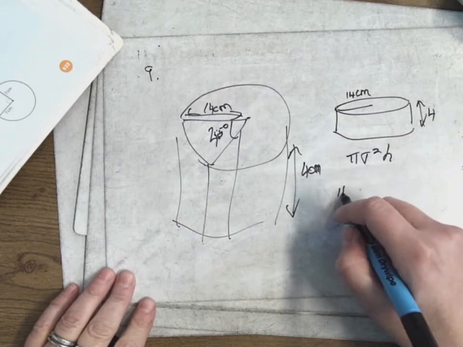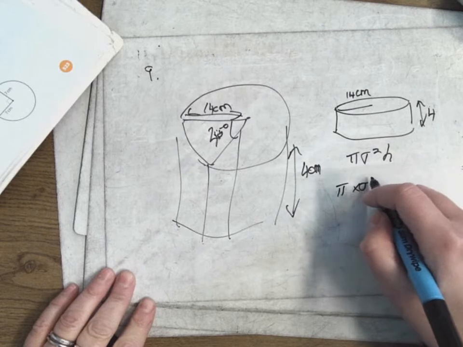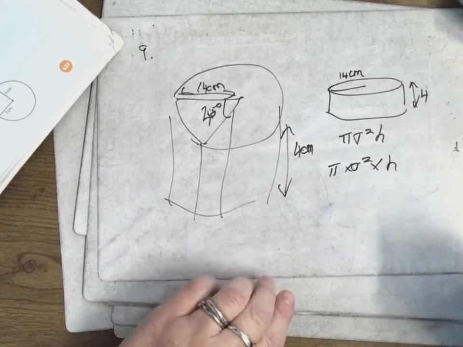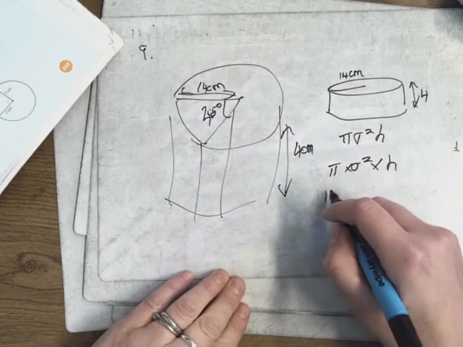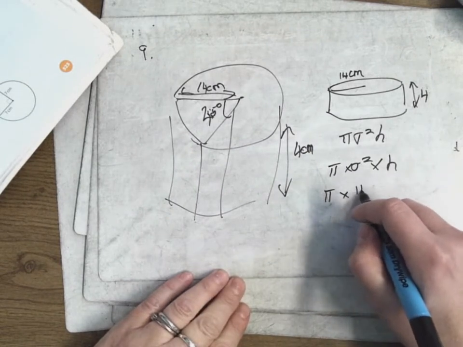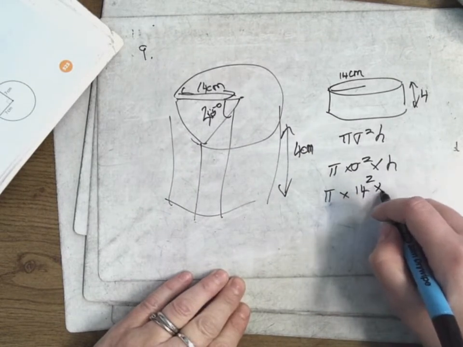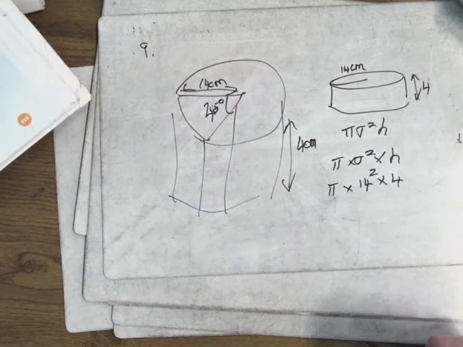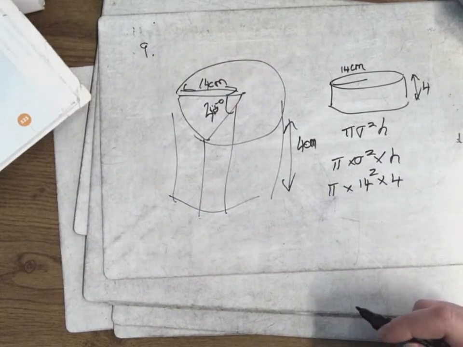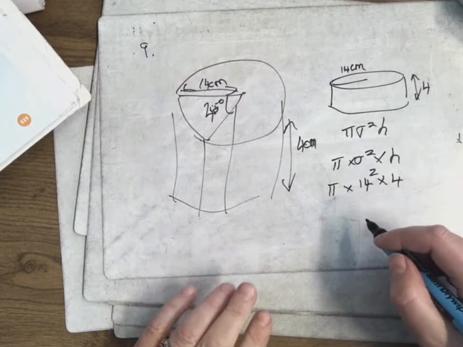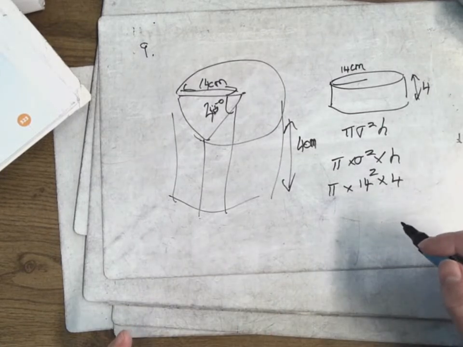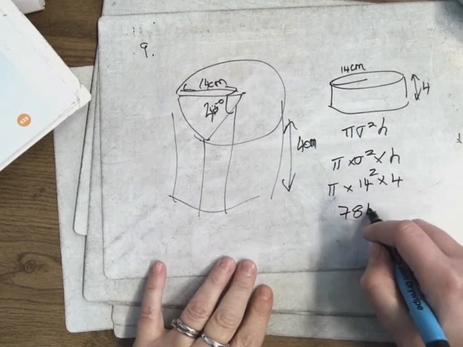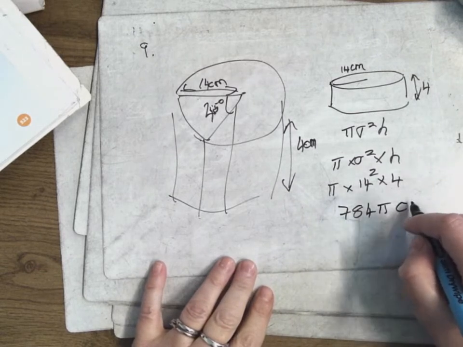So it's pi multiplied by r squared multiplied by h, so that's pi multiplied by 14 squared multiplied by 4. Into the calculator with that. That would be 784 pi cm cubed.